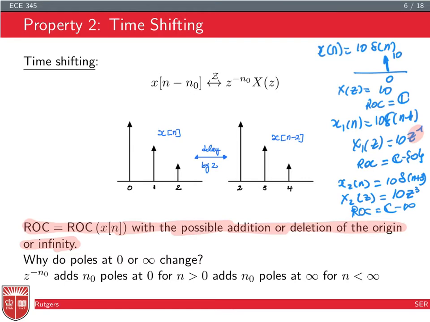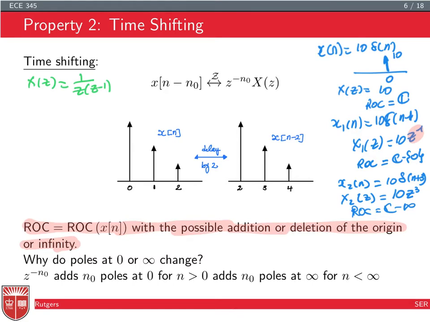So let me give you maybe a little bit more interesting example. So let's say x of z here in green is equal to 1 divided by z times z plus 1. Right, you can see that you have two poles, one at 0 and one at minus 1.